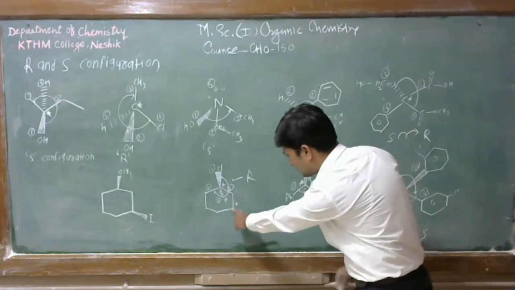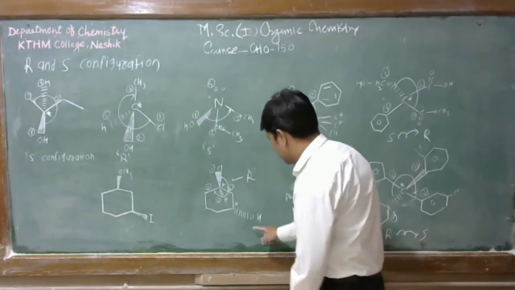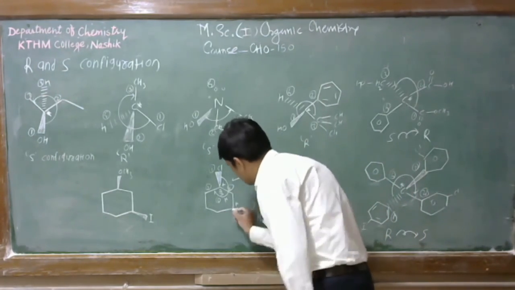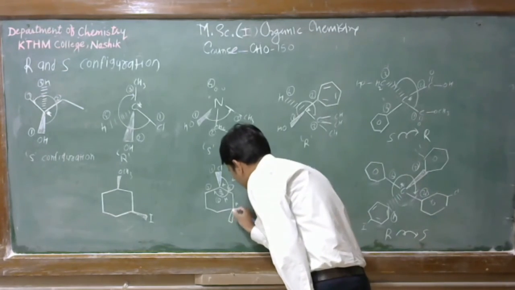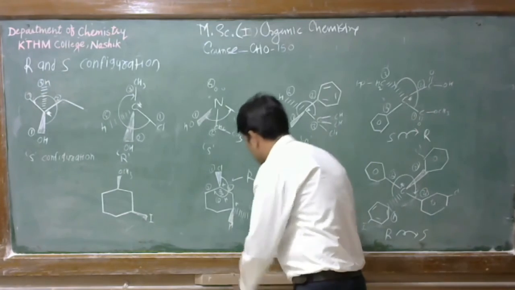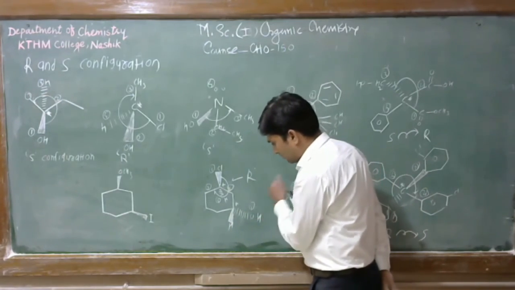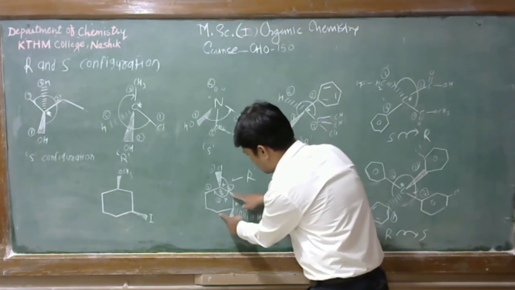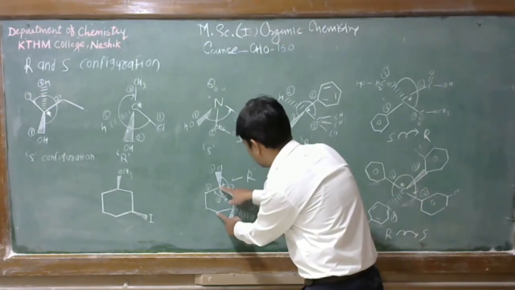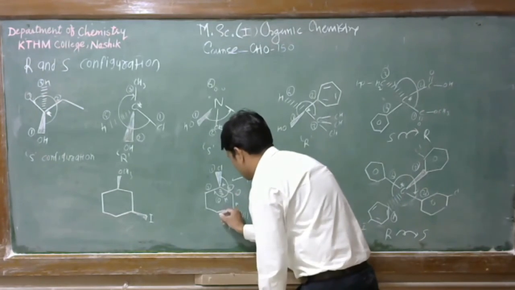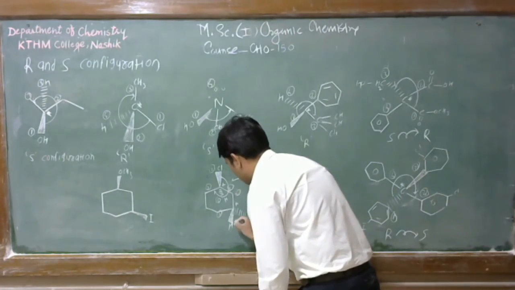Now, in the case of this chiral compound, see, this hydroxyl group has first priority. These are the 2 CH2. See here, the hydrogen is above the plane because the hydroxyl group is below the plane. These are the 2 CH2, but these 2 CH2 are attached to the Cl here. So this has second priority, this has third priority, and hydrogen has fourth priority.